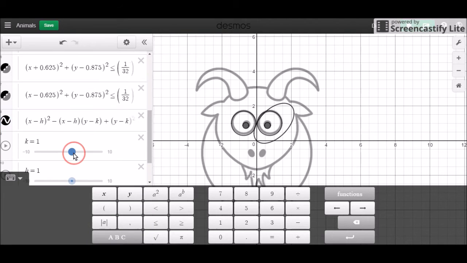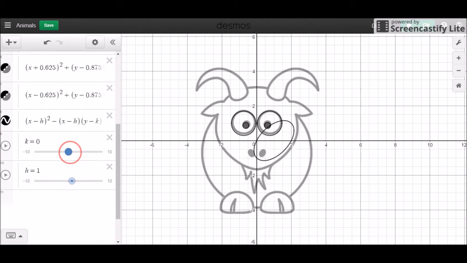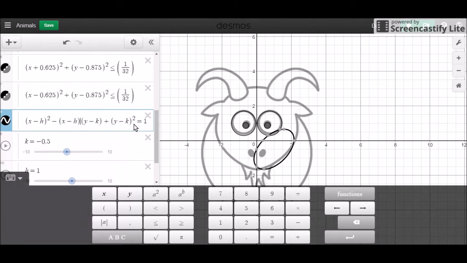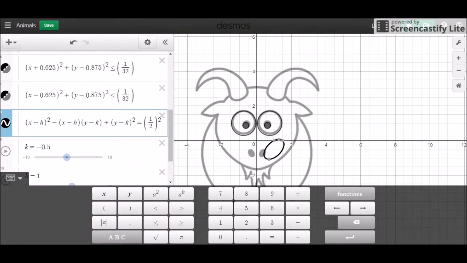And now we need to move downwards to where we want it to. This one I believe has to be squared. 1 squared. Now I can scale it. The size is almost matching up.